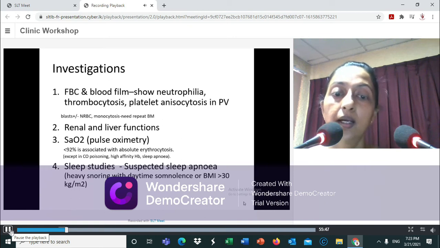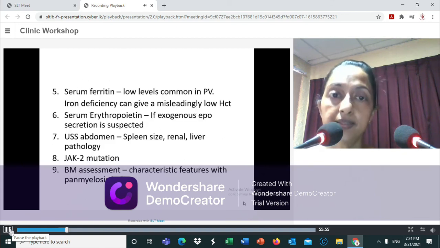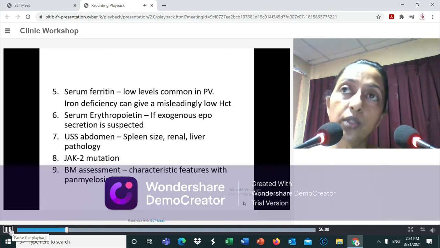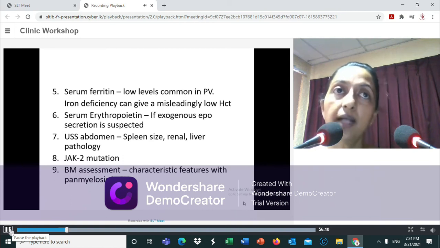And if you suspect sleep apnea, you have to refer for sleep studies or refer to a respiratory physician. Serum ferritin, low levels are common in polycythemia vera because iron is consumed to produce more red cells. Sometimes iron deficiency can give a misleadingly low hematocrit, iron deficient polycythemia.